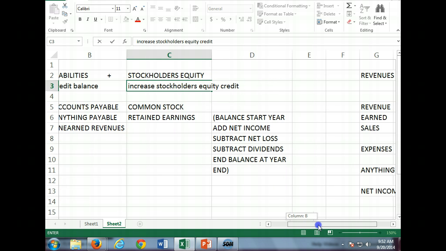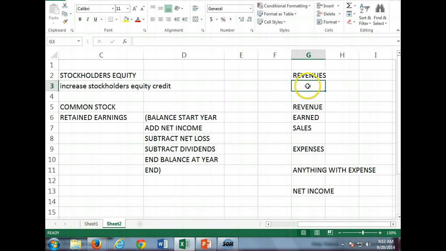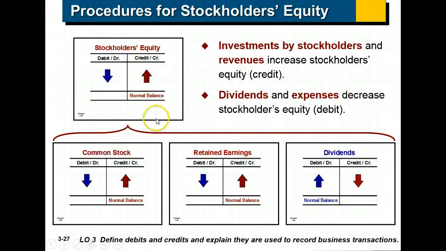So items such as revenues all have a normal credit balance. When we decrease stockholders' equity, such as paying dividends or declaring expenses, we're decreasing the stockholders' equity section, which means we're going to debit those two accounts.